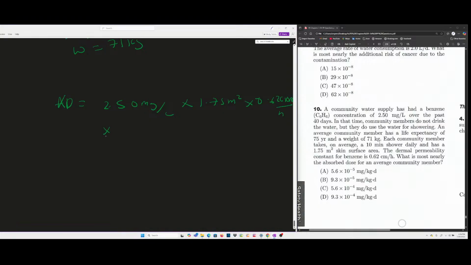And we have 10 minutes too. We're going to divide all of these by the villagers' information: 71 kilograms multiplied by 75 years.